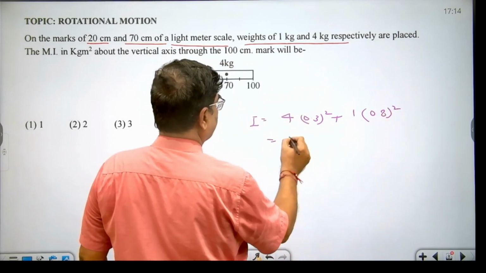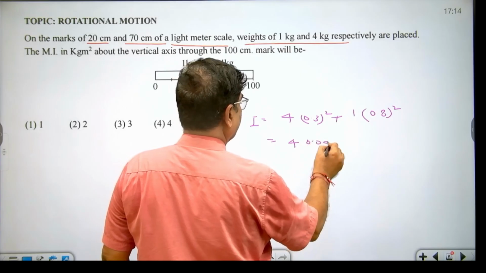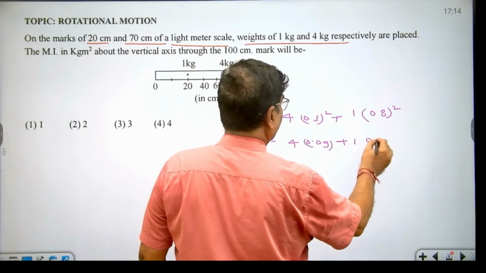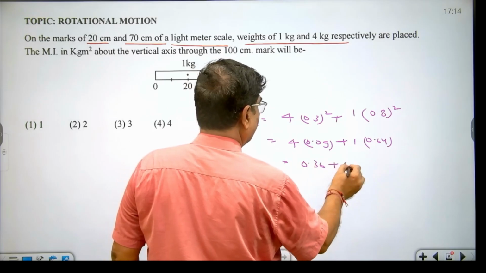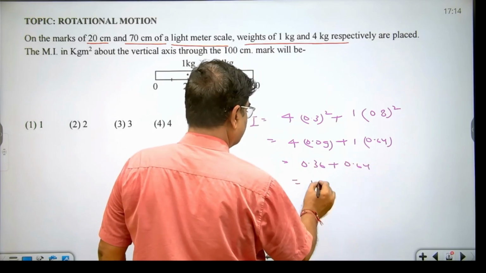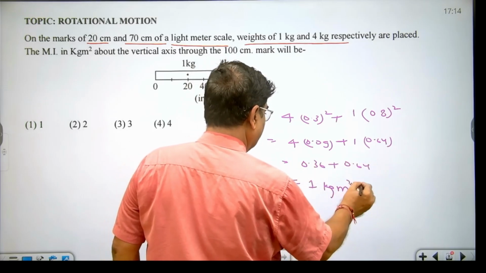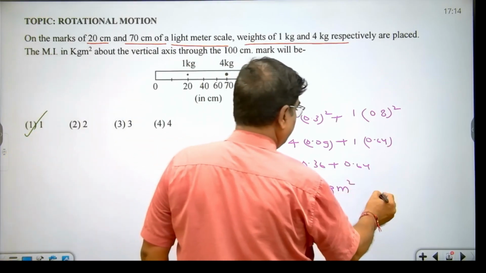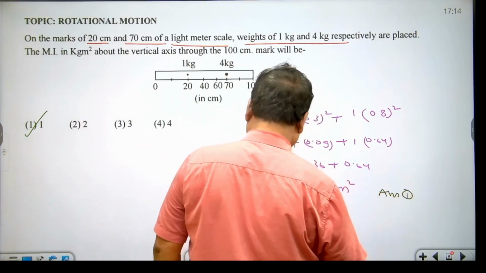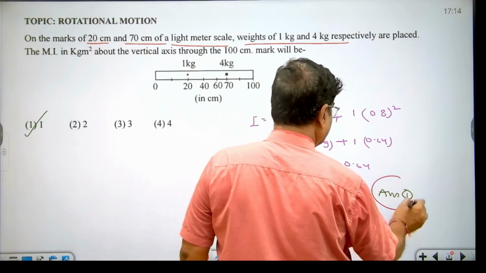If we solve this, this is 4 into 0.09. This is 1 into 0.64. If we solve this, this is 0.36 plus 0.64. So answer is 1 kilogram meter square. So out of 4 choices, the correct choice is option 1.